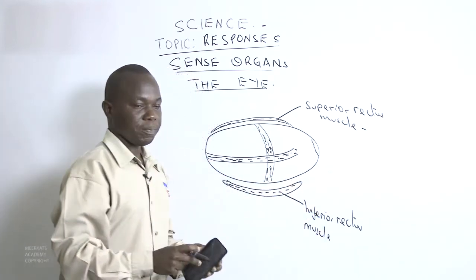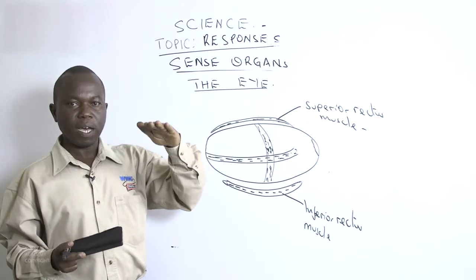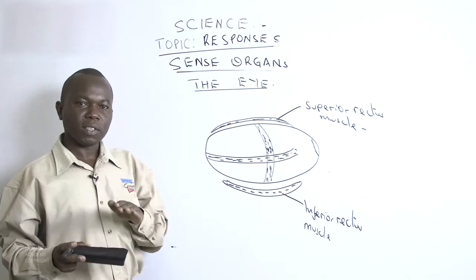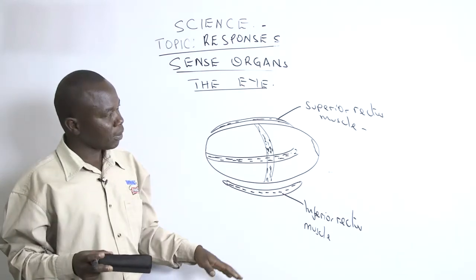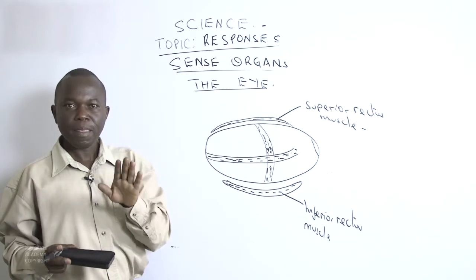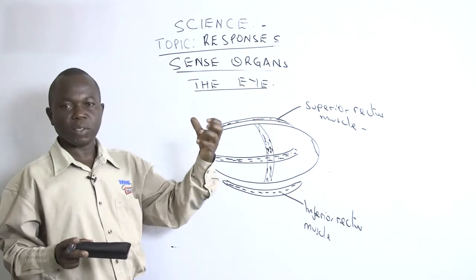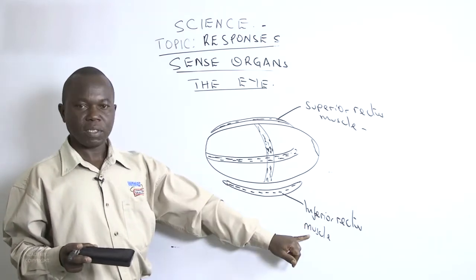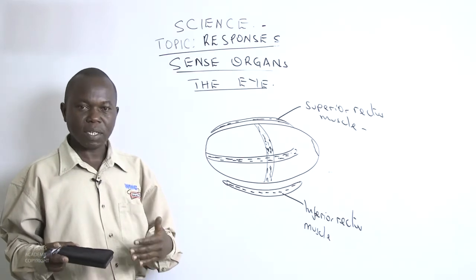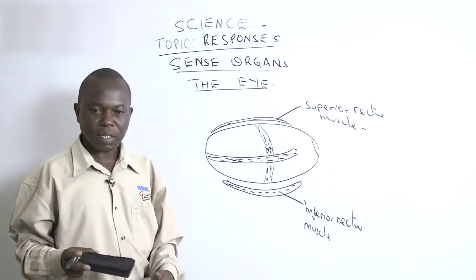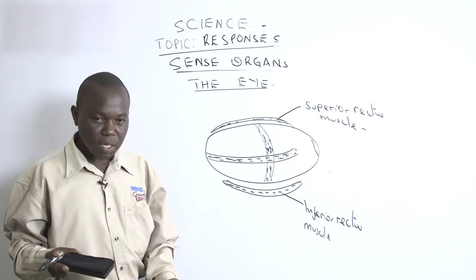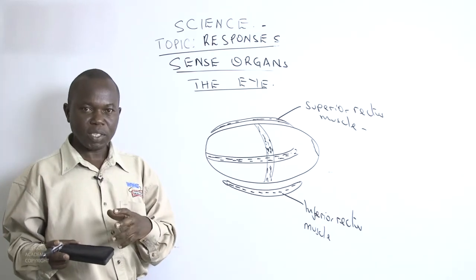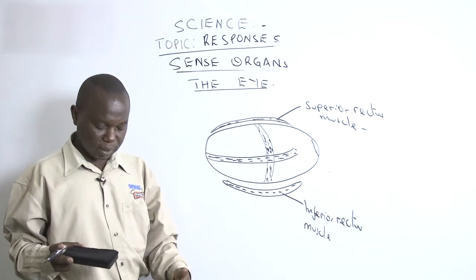So what is the role of these two? The role of the two is to move the eyeball up and down. Sometimes if you have to look up, you don't have to lie horizontally on the ground and then look up. You lift your head a little bit, and then the superior rectus muscle will contract and the eyeball faces up. With the inferior rectus muscle, you don't have to lie on the ground in a prostrate manner to see anything. You bend your head a little bit, and the inferior rectus muscle contracts, and the eyeball faces down.